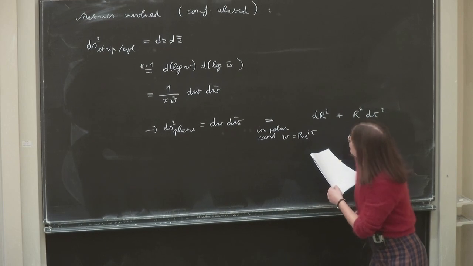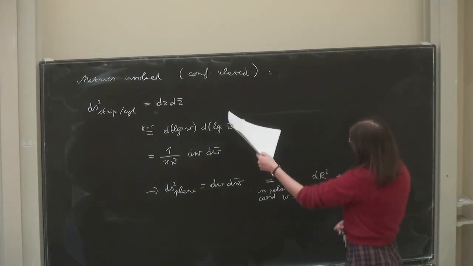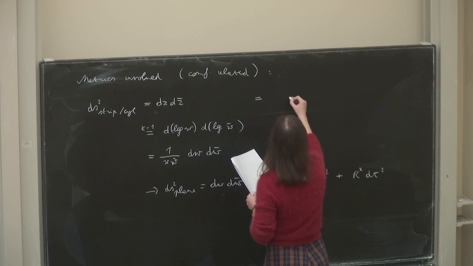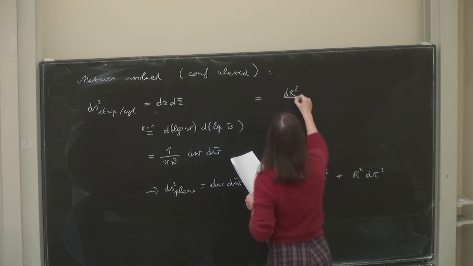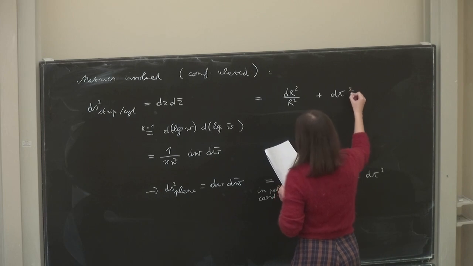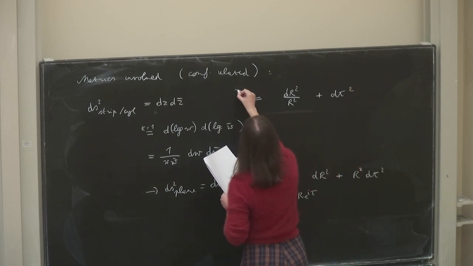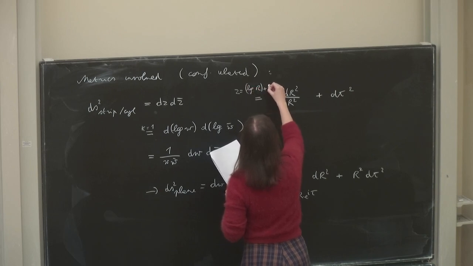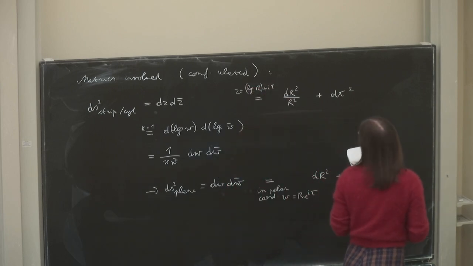And in this notation, the dz bar strip is dr squared over r squared plus d tau squared. So here you're using z is log r plus I tau. Okay.